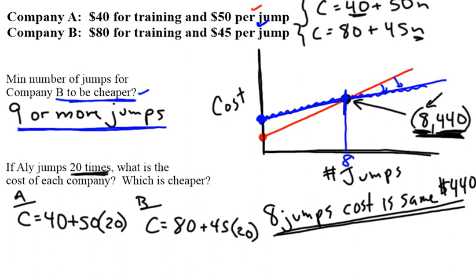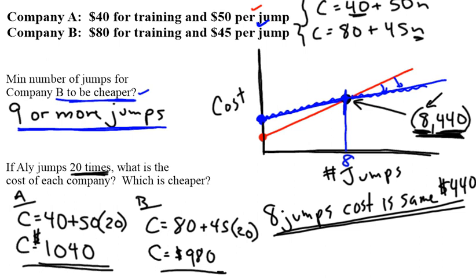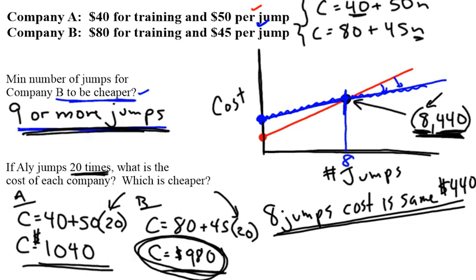So when we calculate those, the cost of A for 20 jumps is $1,040. Company B, the cost of 20 jumps is $980. So there's the cost for 20 jumps, because we can plug that into the equations that we have. Which is cheaper? Well, we know that B is going to be cheaper because our graph told us that, and there you go.